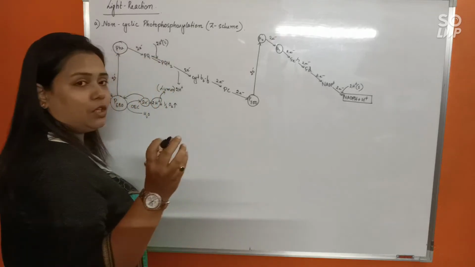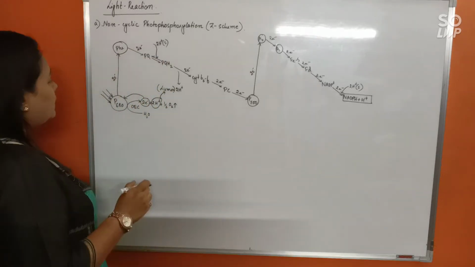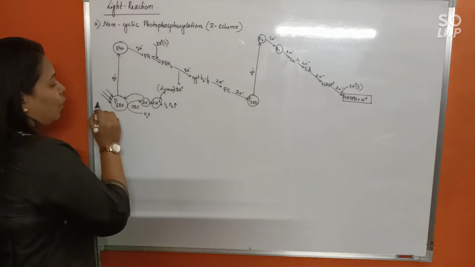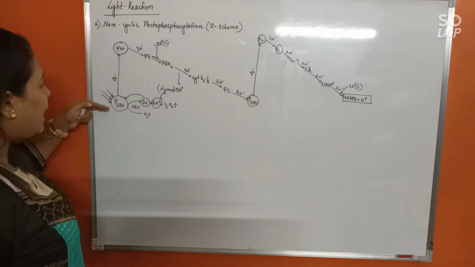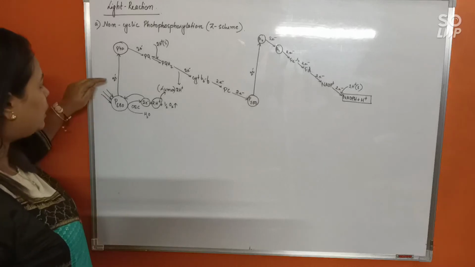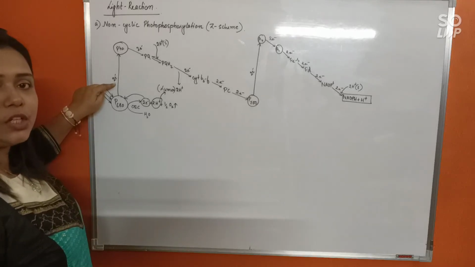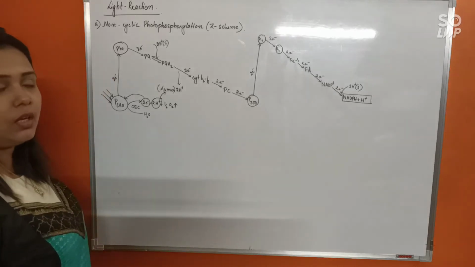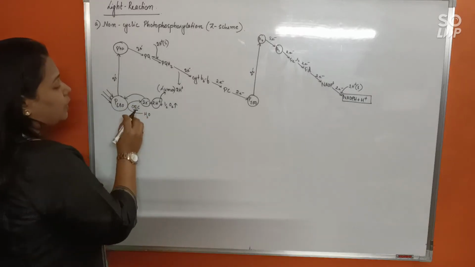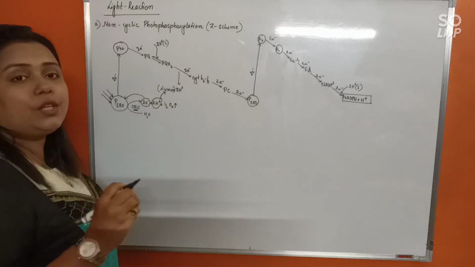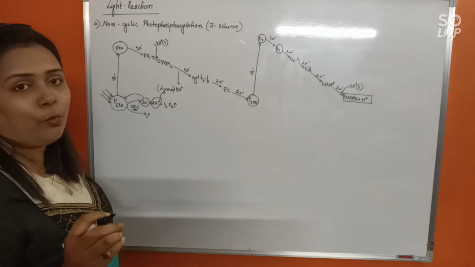Now here you need to understand something. When PS2 got excited, it liberated 2 electrons, but to bring it back to the ground state, we also need to provide it with the 2 electrons that it has lost. For that, the oxygen evolving complex will conduct the step of water splitting, or photolysis of water.